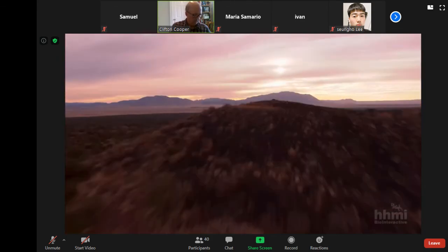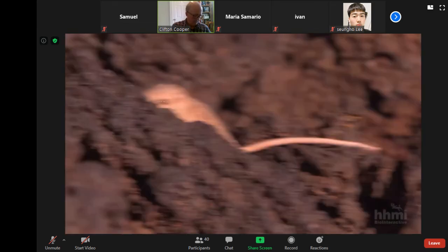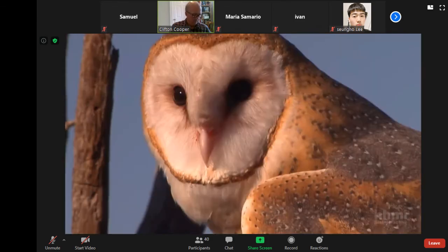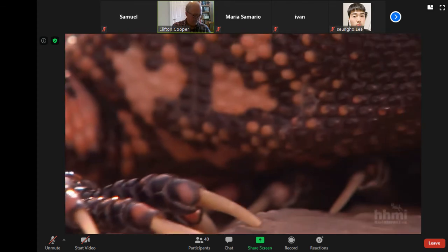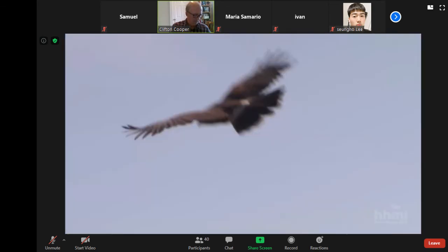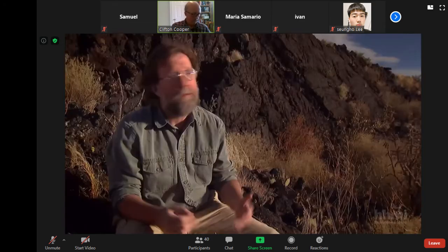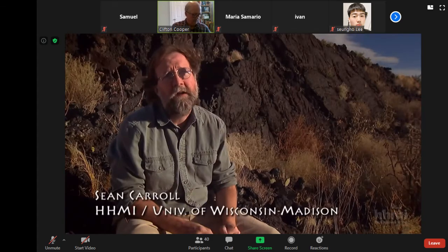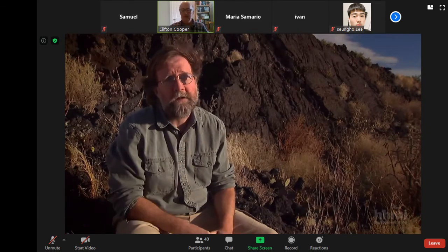As the molten rock cooled, it darkened, leaving any creature dependent upon camouflage in serious trouble. In the complex battle of life, one of the constant struggles is between seeing and not being seen, the evolutionary game of hide and seek. And we've come here to the Valley of Fire in New Mexico, a battlefield, to find one of the tiniest soldiers and what it can teach us about how evolution works.